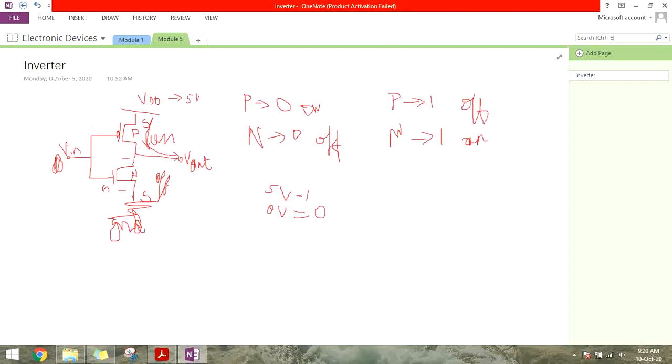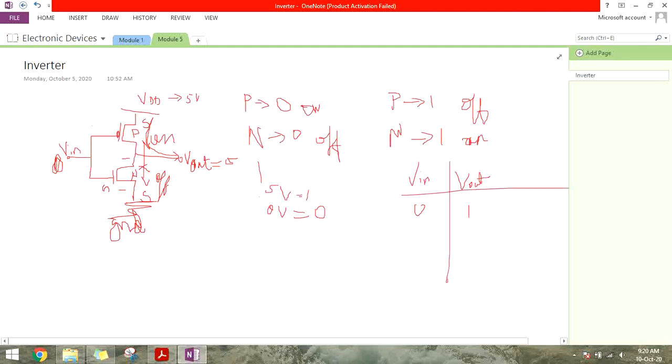It will not flow down like this, since this is off and there is no flow of current there, so it will flow through this. So the output V out will be 5 volt. When it is 5 volt, it is 1. So whenever V in is 0, V out will be 1.